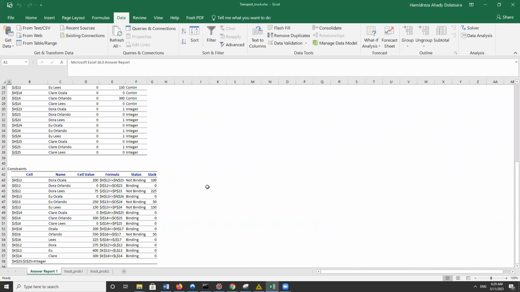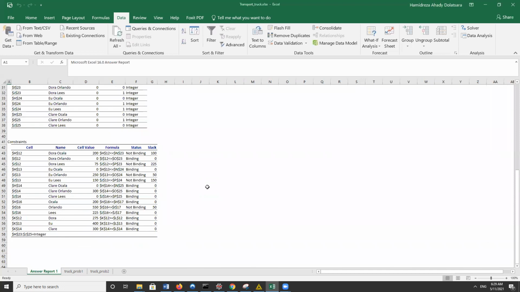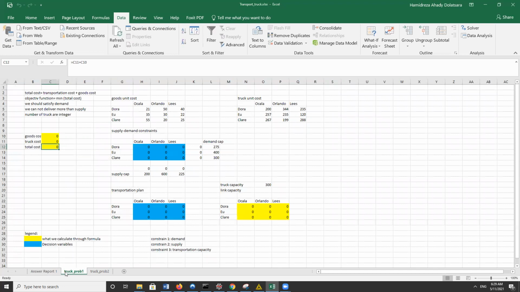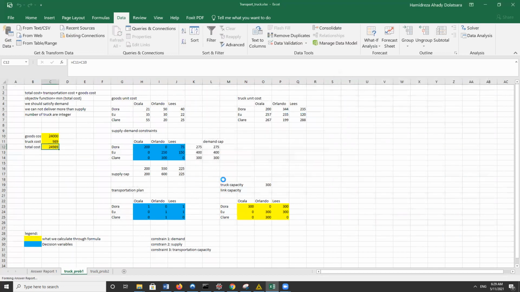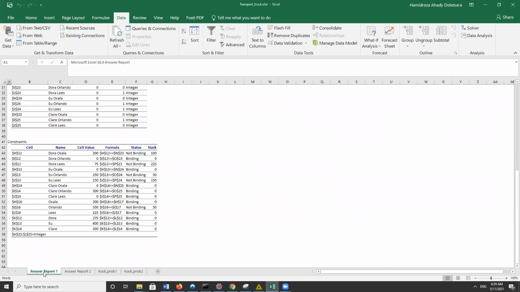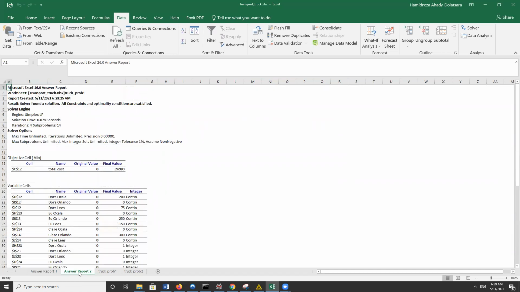So looking at binding and not binding constraints. From Dora to Ocala is 200. Oh, let me see, the answers didn't show up.